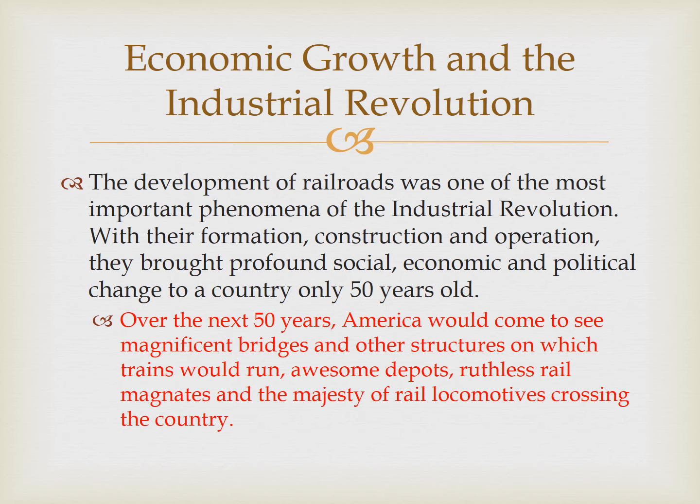And because you had to pay taxes in order to build these railroads, many in the South began to feel alienated as they paid taxes to build railroads that, in many respects, weren't benefiting them because their construction was in the North. Okay? It says here that over the next 50 years, America would come to see magnificent bridges and other structures on which trains would run, awesome depots, ruthless rail magnates, and the majesty of rail locomotives crossing the country. Okay, so let's take a look at this map real quick.